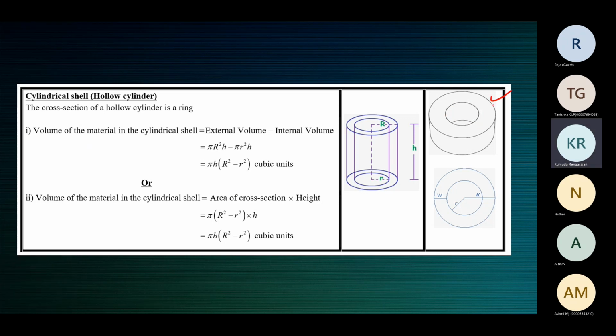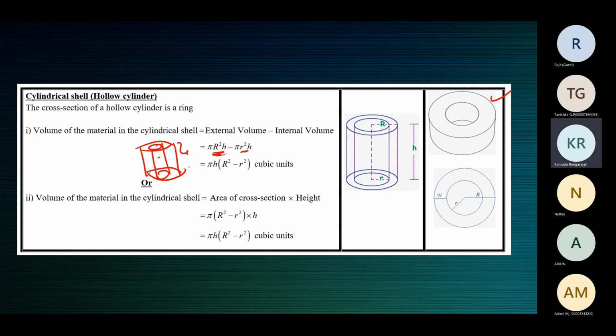This hollow cylinder is as if it was first solid, like this, whose volume is pi R square h. And from that, you're taking away a cylinder from the middle. What's the volume of that cylinder which you're removing? Pi r square h. The radius will be different, that's all.